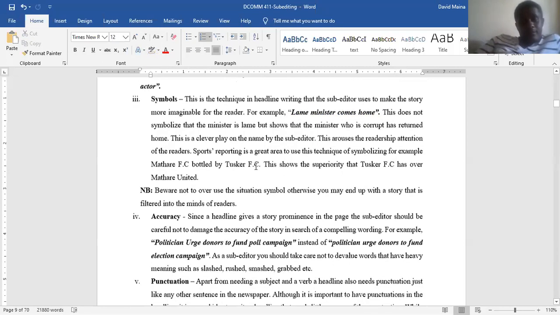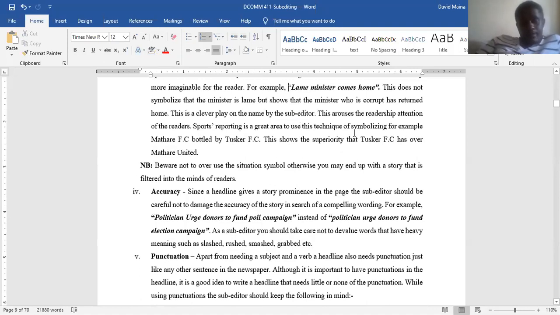Yes, yes. We have also been given another example here, symbolizing, for example, Mathare FC bottled by Tusker FC. Bottled by Tusker FC. Do you see that symbol? It shows that you can actually see Tusker FC. They are talking about Tusker, EABL.